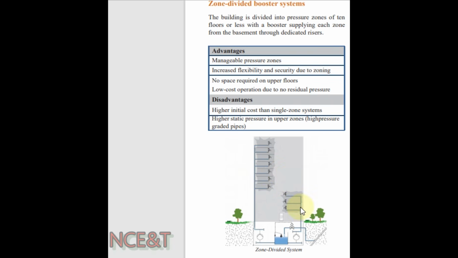The lower zone has 3 floors, and the second zone has 7 floors, and we have selected a different booster pump for both zones. Generally for the lower floors we do not use a booster pump, and we design it utilizing the available pressure from the municipality. In our next video, we will make a simple exercise for this system.